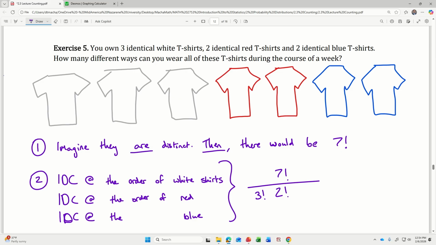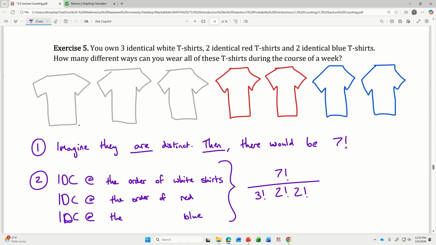So we divide by 2 factorial to eliminate the redundancy. And then lastly, I divide by another 2 factorial for the blue shirts. So in the numerator is the size of our overall set, and in the denominator, we divide by the size of each subset, and every number gets a factorial.